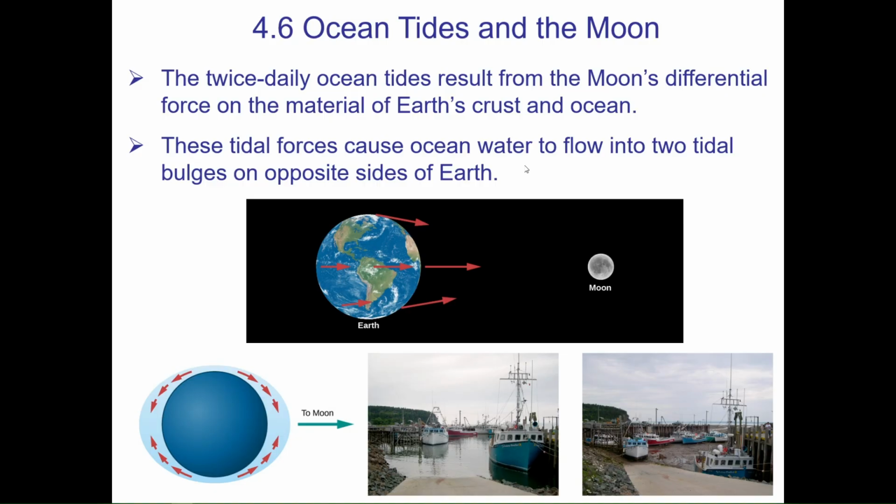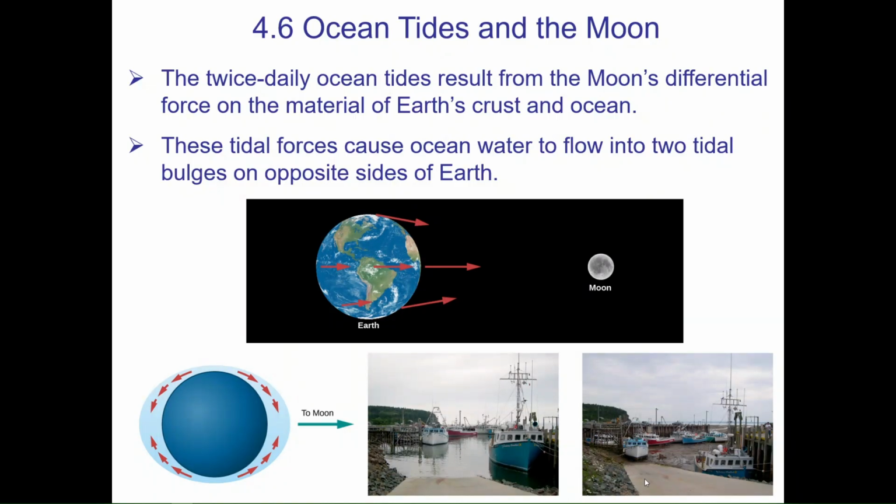Another phenomenon caused by the motion of the moon is the tides. If you live on the seaside for a while, you may know there are twice-daily ocean tides. You can see the water first becomes higher, then gradually becomes lower and recedes, and becomes higher again.